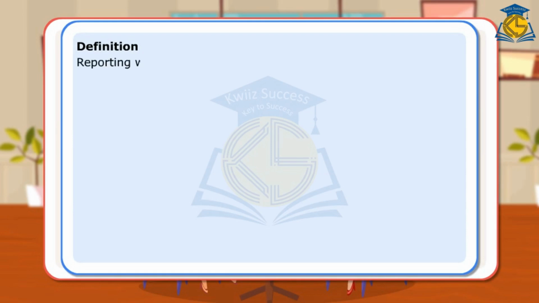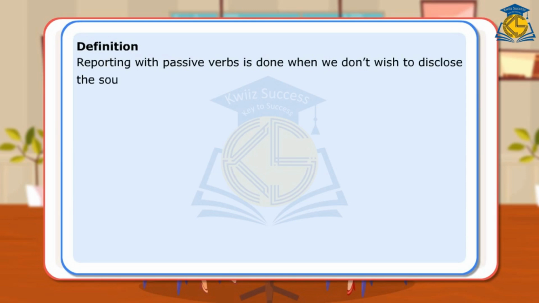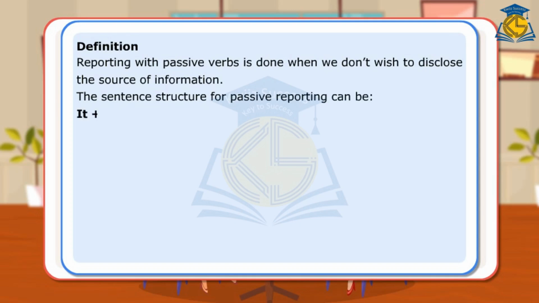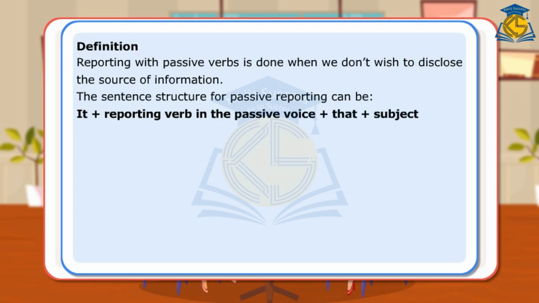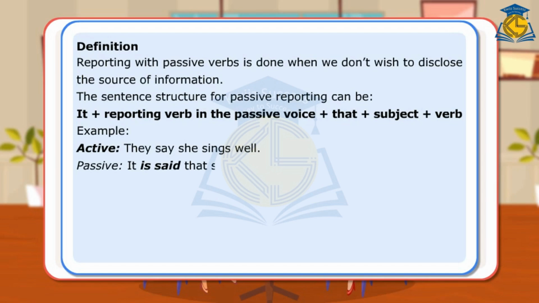Definition. Reporting with passive verbs is done when we don't wish to disclose the source of information. The sentence structure for passive reporting can be it plus reporting verb in the passive voice plus that plus subject plus verb. Example. Active: They say she sings well. Passive: It is said that she sings well.